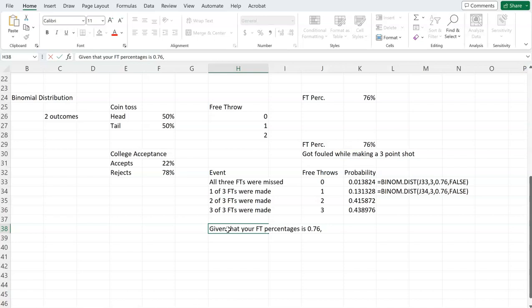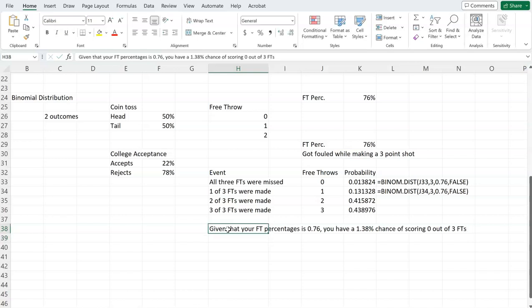So from here, you have a 1.38% chance of scoring 0 out of 3 free throws.